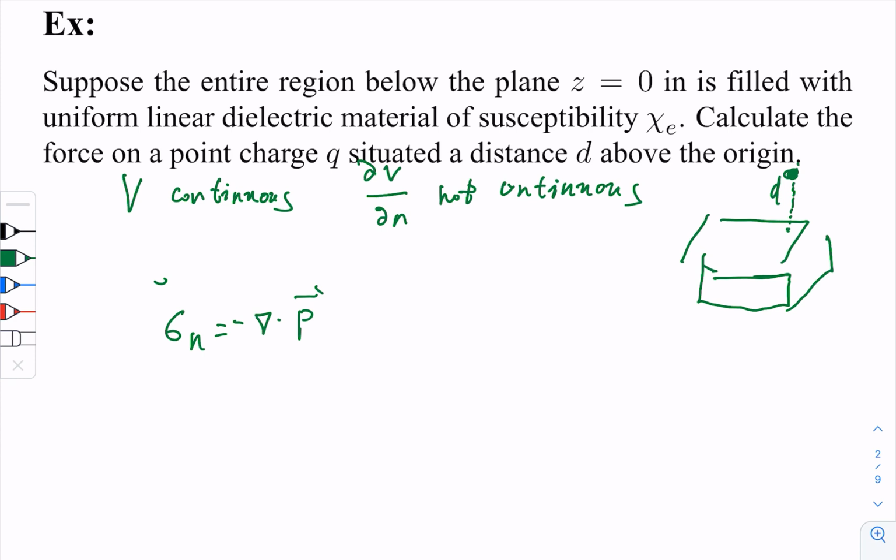For the linear dielectric materials, P is proportional to E, and you can immediately tell that there cannot be any volume bound charge, but there can be a surface bound charge. So the first is the surface bound charge.